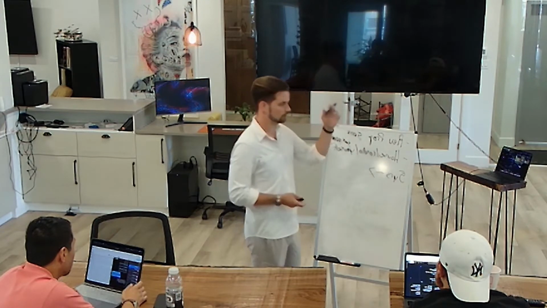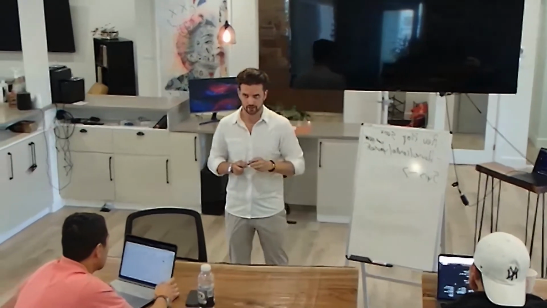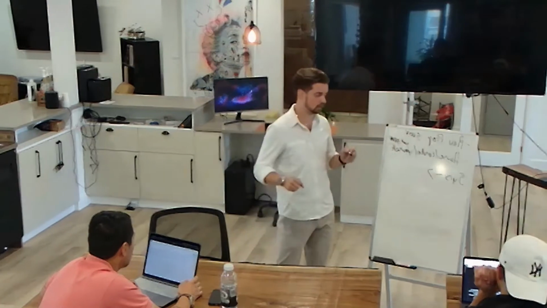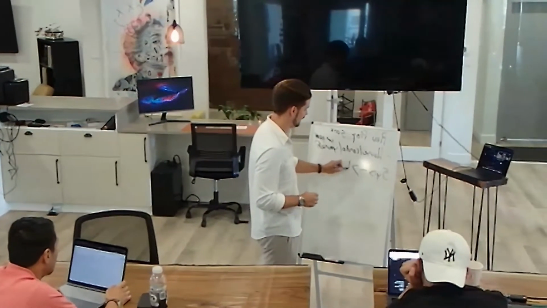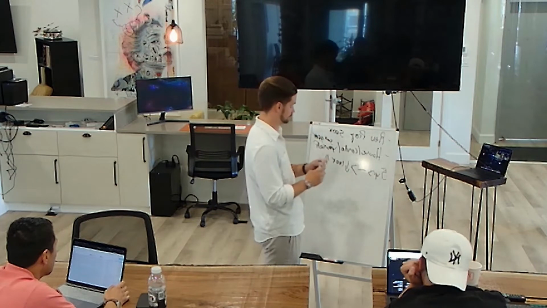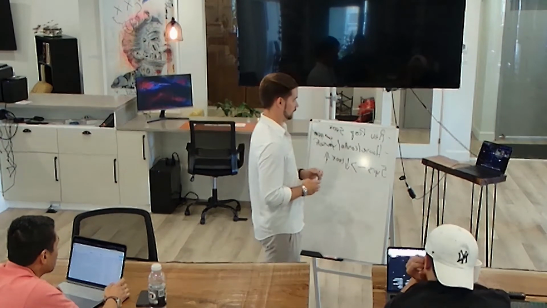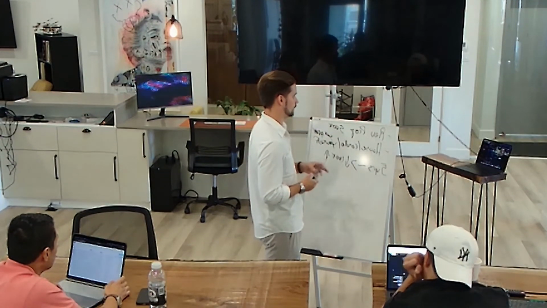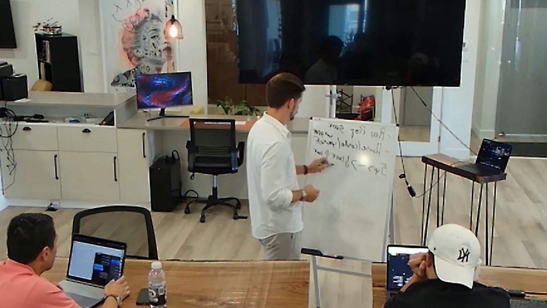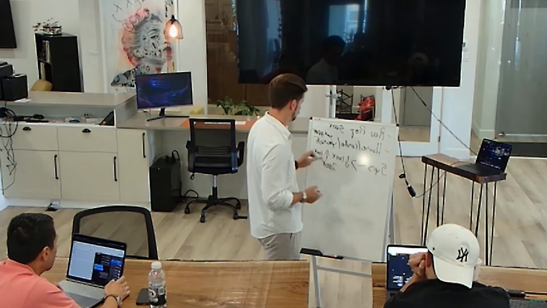So in 5 years, your $1 million whatever has been paid down by $100K and has gone up by another $100K. So there's $200K that you just made, but you only put in 100, which is insane.